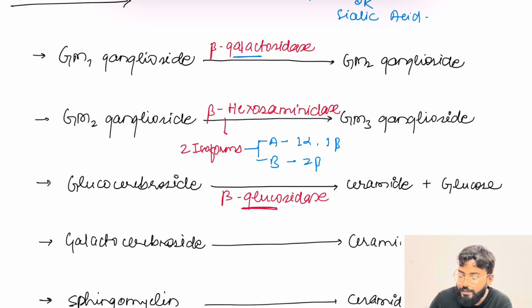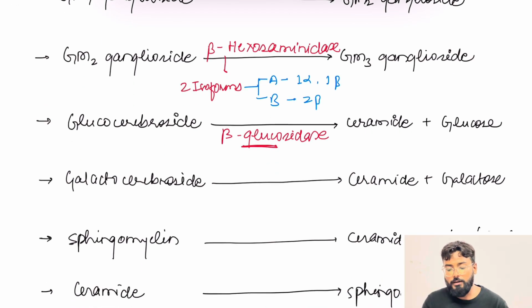Here you need to remember it is glucosidase, not galactosidase, because beta galactosidase you are going to see in case of GM1 ganglioside, and in case of glucocerebroside you are going to see beta glucosidase.